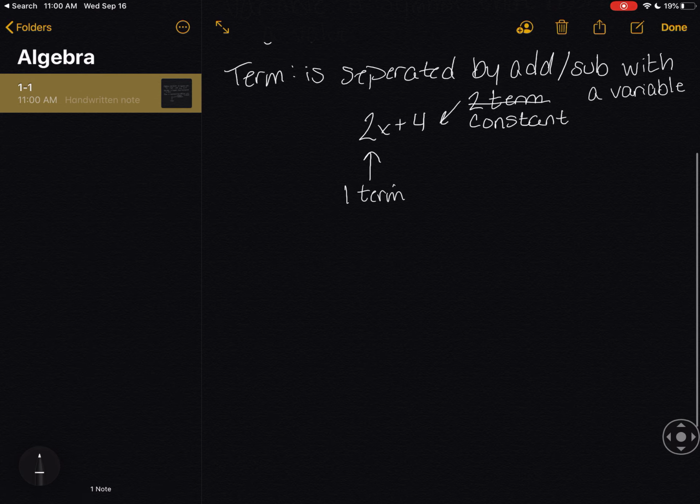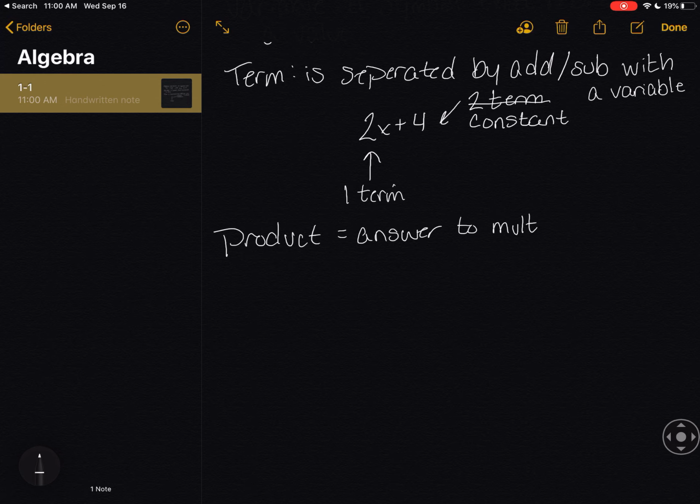All right, so there are some other words that we're going to go through. Product means the answer to multiplication. The power refers to an exponent.